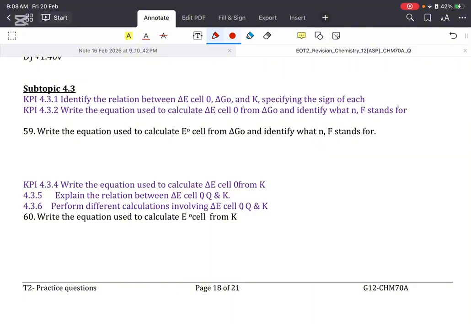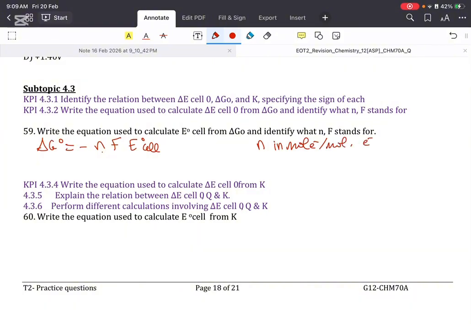On to subtopic 4.3. Write the equation used to calculate the E cell from delta G standard and identify what N and F stand for. So you have this formula in your formula sheet. Delta G standard is minus NF E cell. Now, delta G stands for the Gibbs free energy. N is the number of moles of electrons transferred, usually in mole electron per mole.